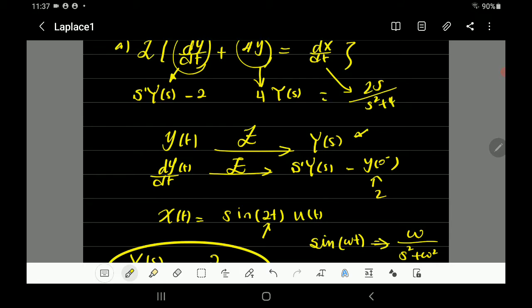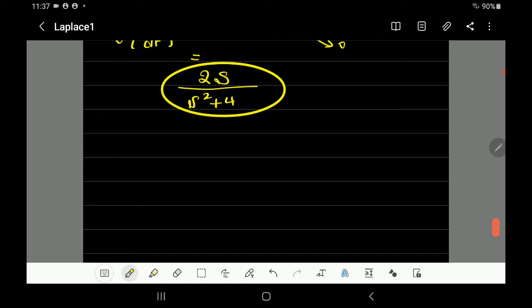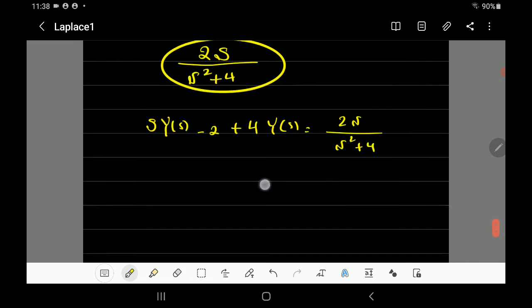So you have the equation now: sY(s) minus 2 plus 4Y(s) equals 2s over s squared plus 4, to find the overall response. Let's go ahead and write the equation. So you have sY(s) minus 2 plus 4Y(s) equal to 2s over s squared plus 4.